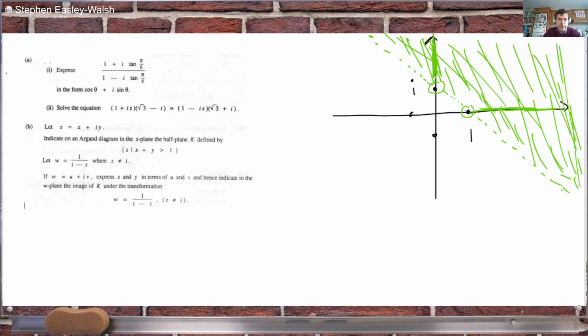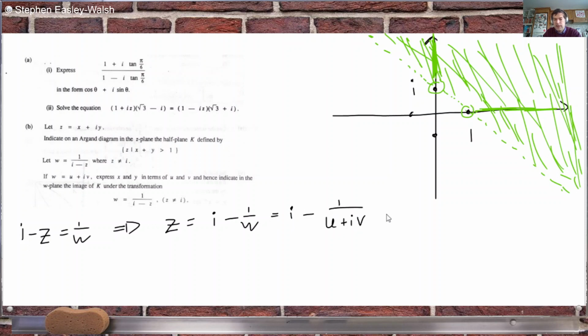And okay, let's have a look here. So I'll have i minus z equals 1 over w. So that means z equals i minus 1 over w. This will be better. So that's i minus 1 over u plus iv, which will be i minus u minus iv, and then I multiplied the bottom by the conjugate, that's u squared plus v squared.